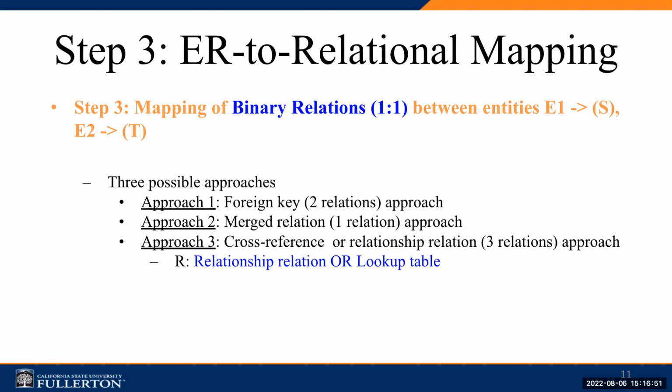The first is the foreign key approach, which involves two relations. In the second approach, you can have a merged relation approach, which would only have one relation. And then the third approach is the cross-reference or the relationship relation approach, which includes three relations.